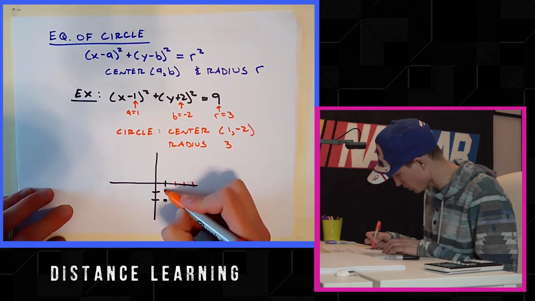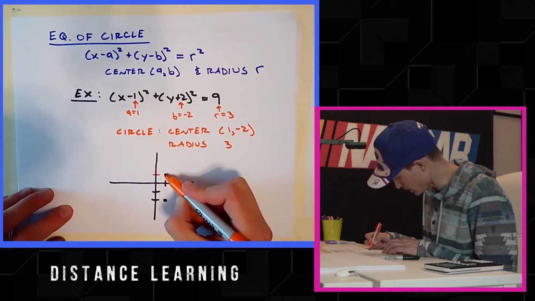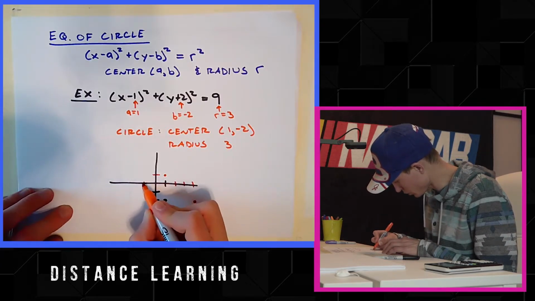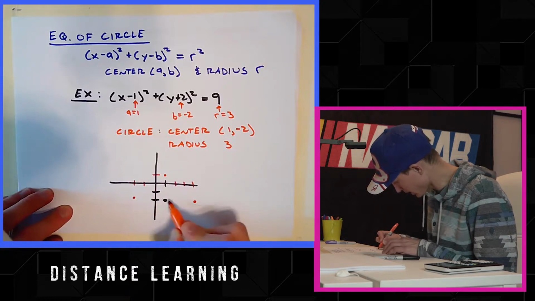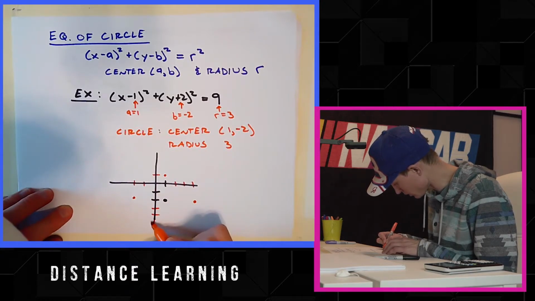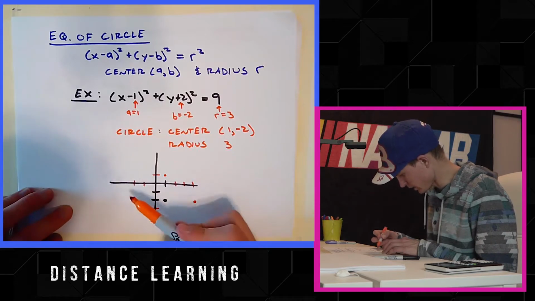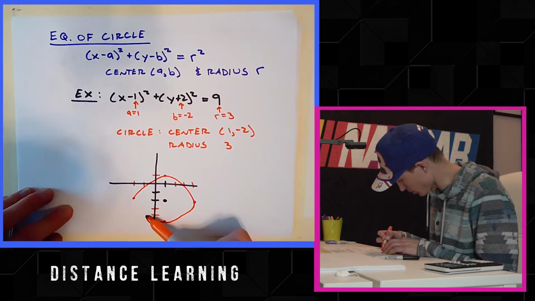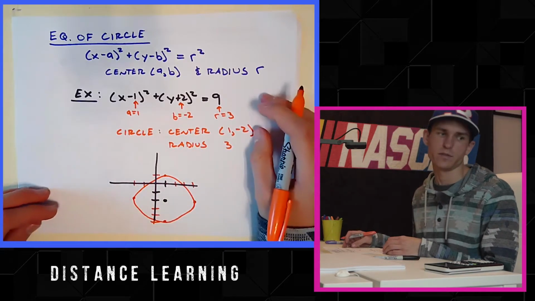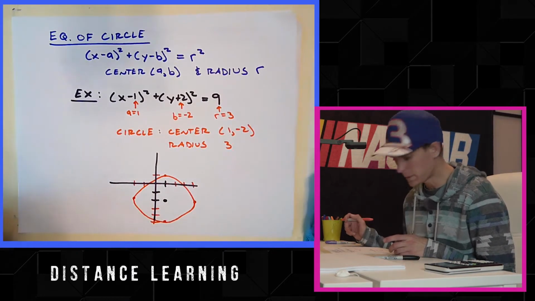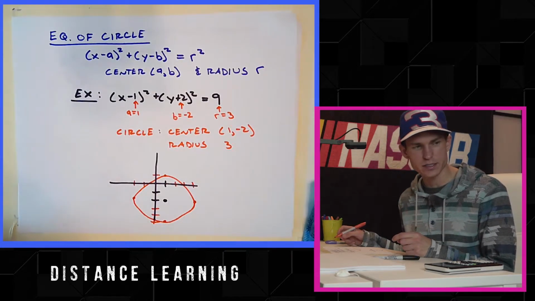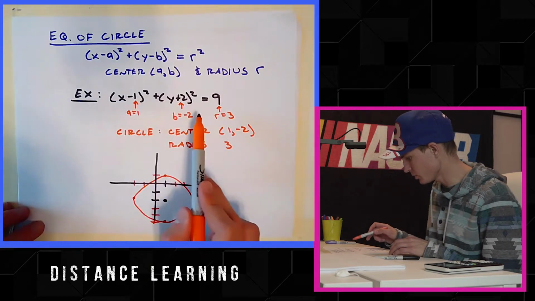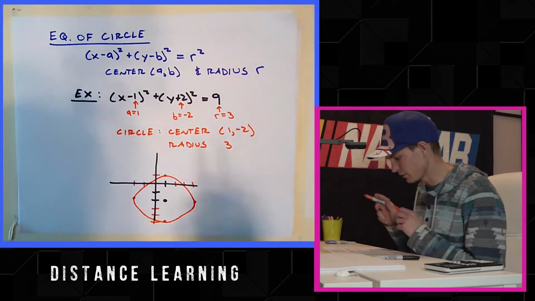I would go up 1, 2, 3, and I would go left 1, 2, 3, and then I would go down 1, 2, 3. And the lazy man circle, again, why use graph paper and a compass, and not draw this, because that's definitely not the best circle I've ever drawn. But you get the idea. That is the radius of 3 with the center at (1, negative 2), using the fancy formula from above.